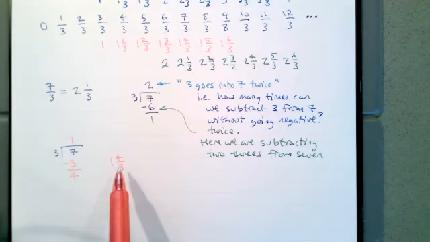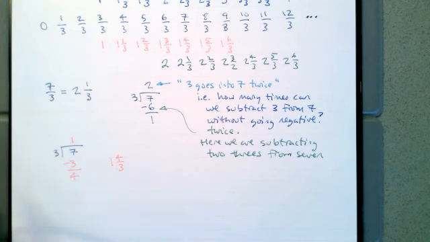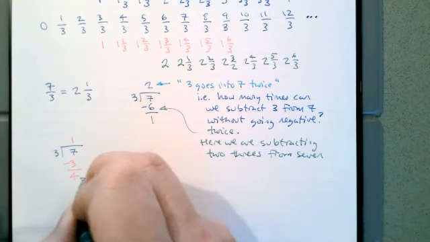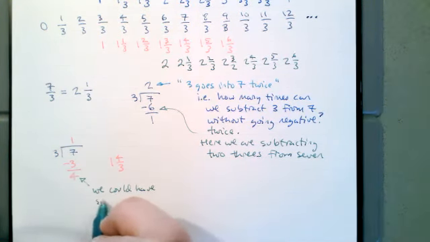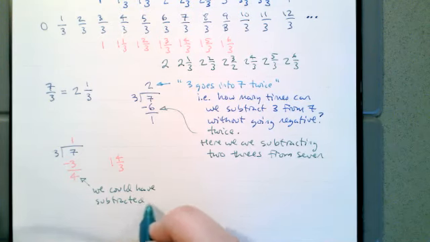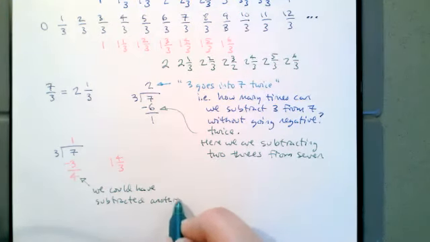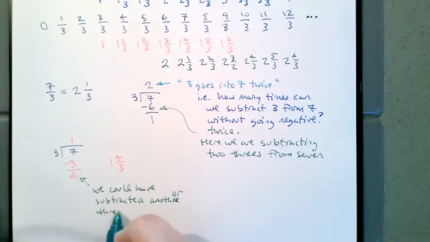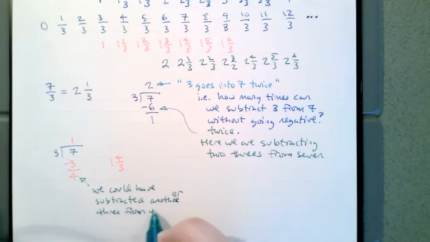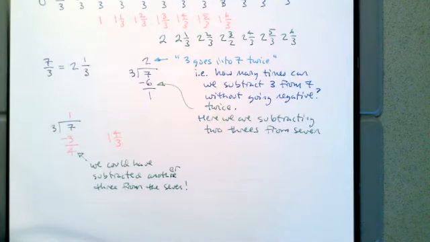Because I'm left with 4, that tells me we could have subtracted another 3 from the 7, since there's another 3 in the 4.